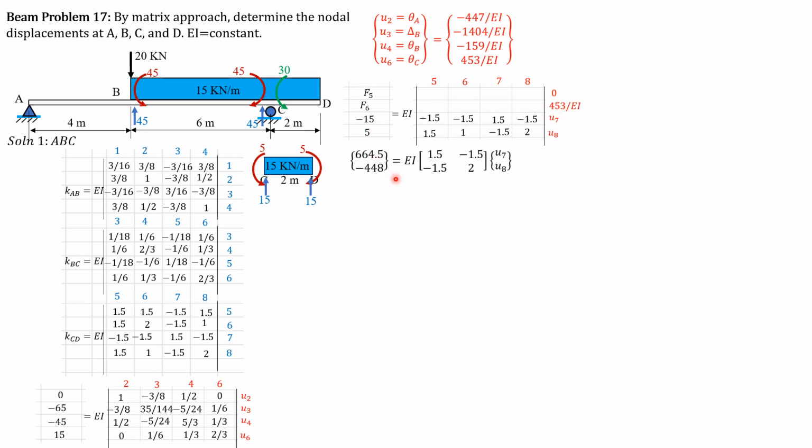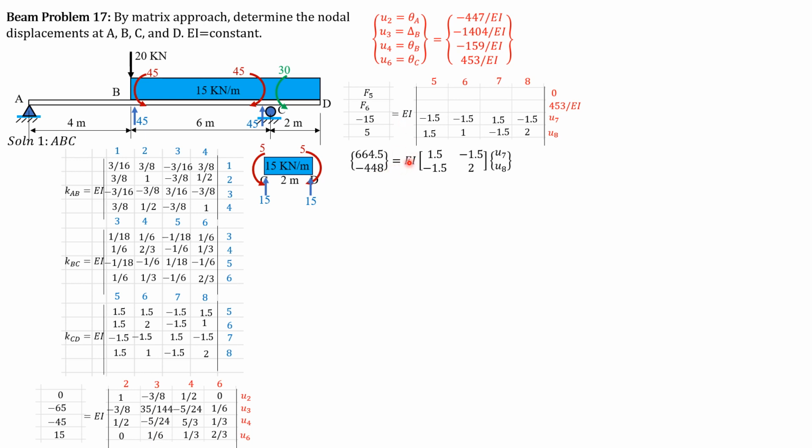So these are the new force values. So 664.5 is negative 15 plus 1.5 times 453, while negative 448 is 5 plus 1.5 times 0. So 5 plus 1 times 453. So 5 minus 453 is negative 458.